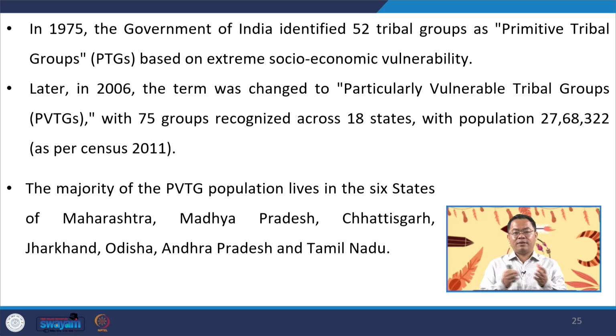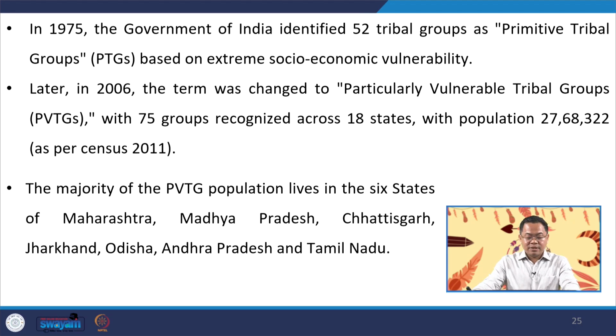Now, like scheduled tribes, the PVTG communities are also quite spread out. They are in 18 states of India, and it is important to remind ourselves that within them there is significant variation in terms of their social life, their cultural habits, cultural norms, values, traditions, political systems, as well as their socio-economic level of development.